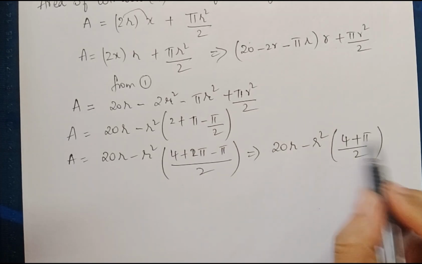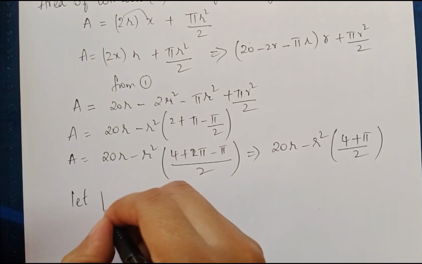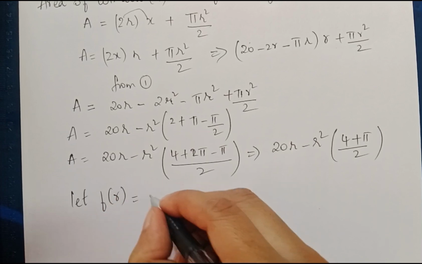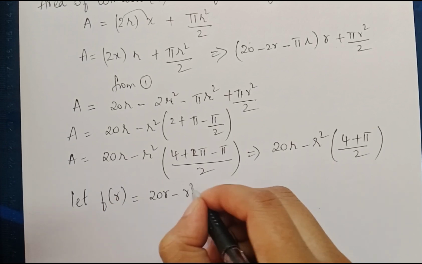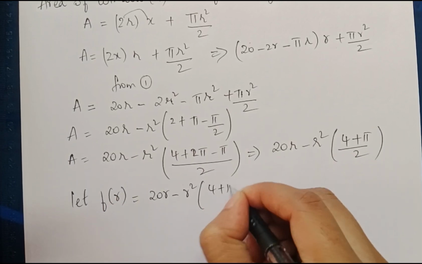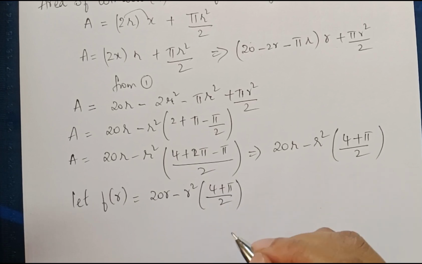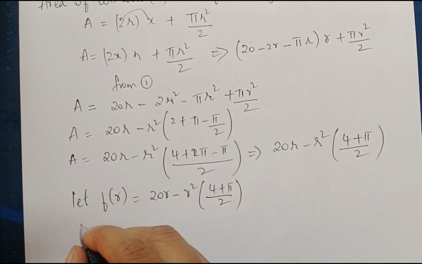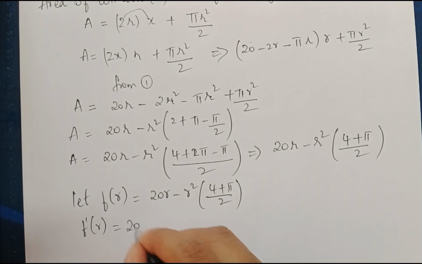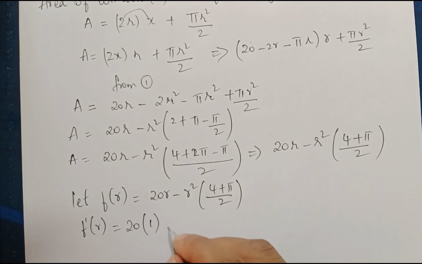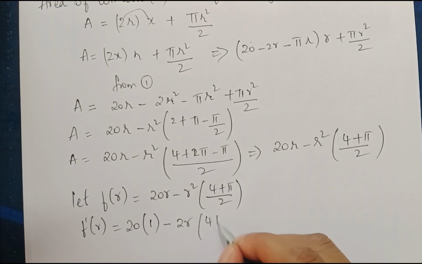Now we'll consider let f of r is equal to 20r minus r square, 4 plus pi by 2. Differentiate this function with respect to r, so we get f dash of r equals 20 into r derivative will be 1 minus r square derivative will be 2r into 4 plus pi by 2.